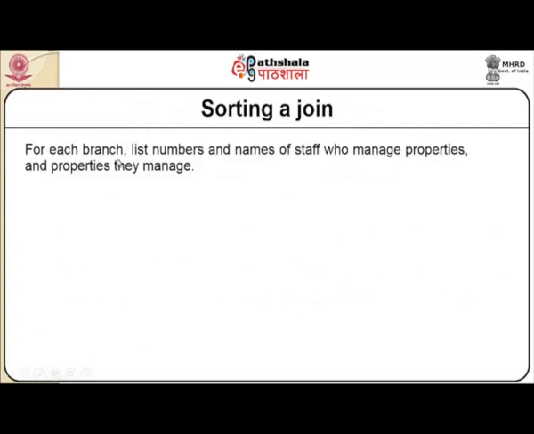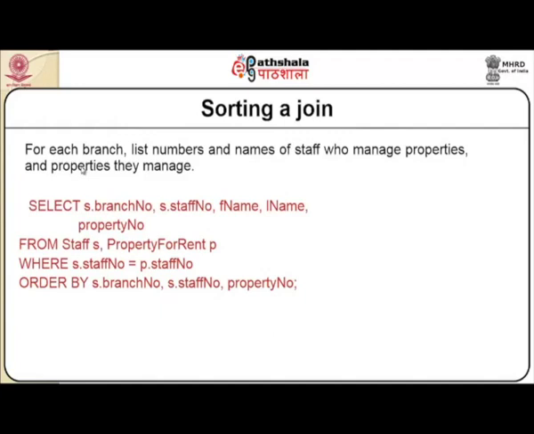For each branch, list numbers and names of staff who manage properties and the properties they manage. Select S.branch number, S.staff number, first name, last name and the property number from staff and property for rent P tables, where S.staff number is equal to P.staff number, and order it by S.branch number, S.staff number and property number.